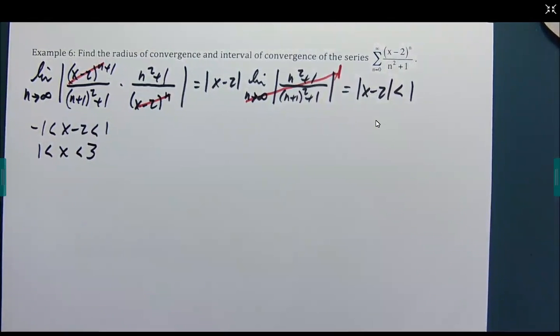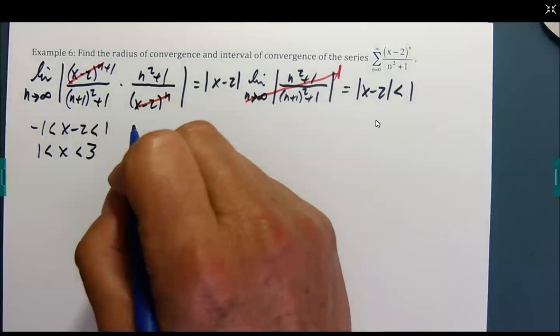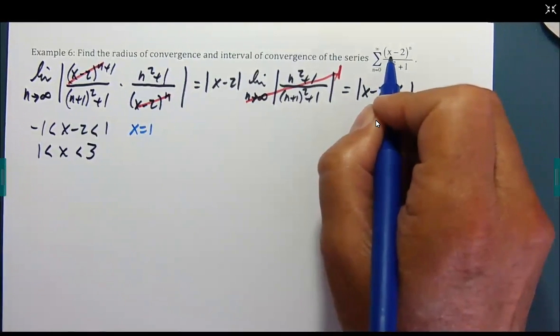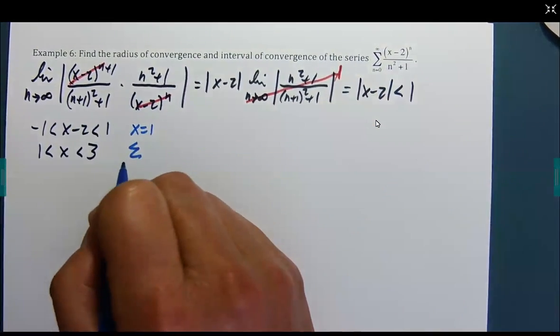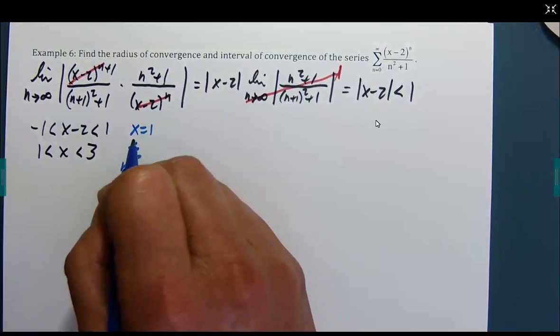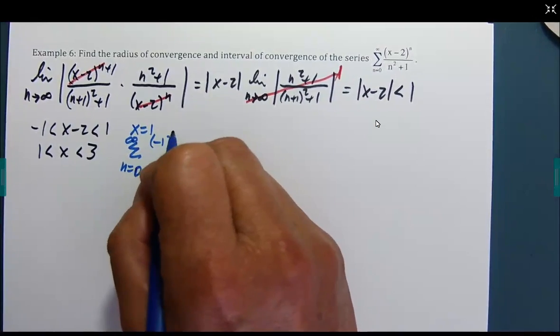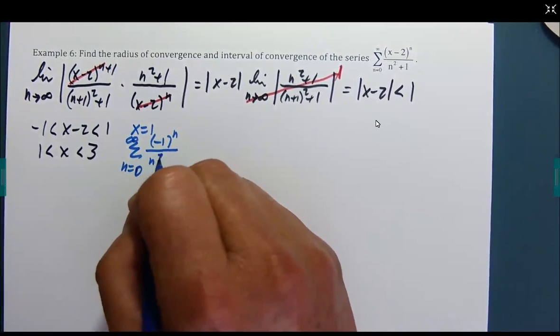So once again, we're going to test the endpoints. So let's switch colors again. When x equals 1, when I plug in 1 there, I'm going to get 1 minus 2, that's -1. And so that's -1 to the n over n squared plus 1.